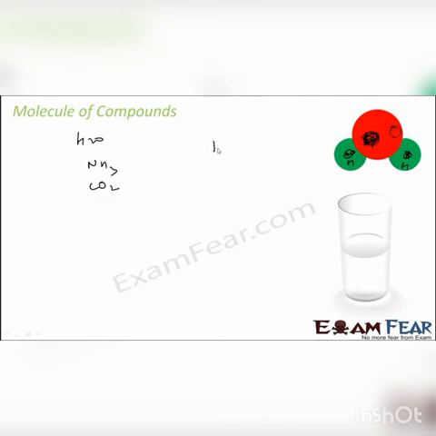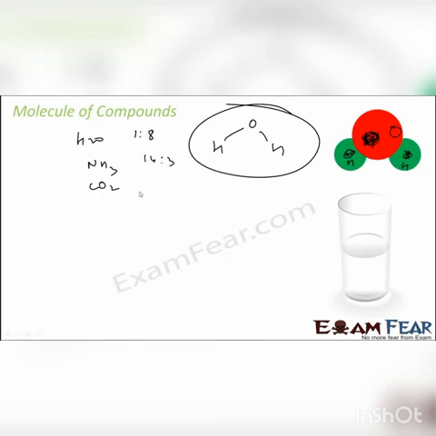And they combine in a fixed proportion. For example, in this case 1/8, ammonia 14/3, carbon dioxide 3/8, and this is ratio by mass.